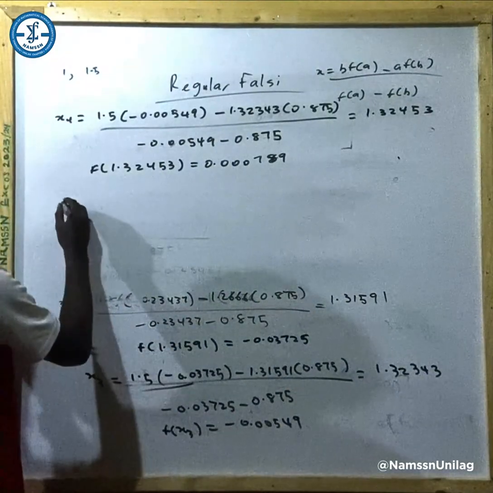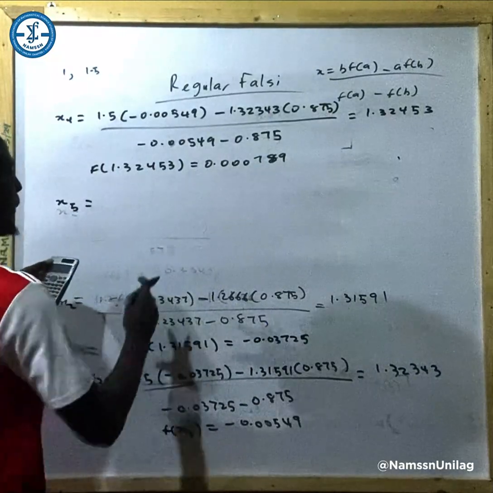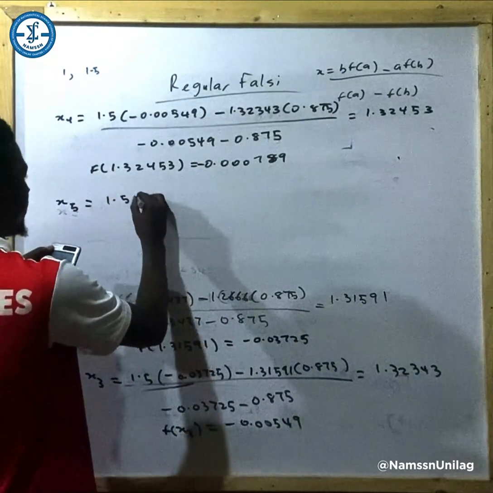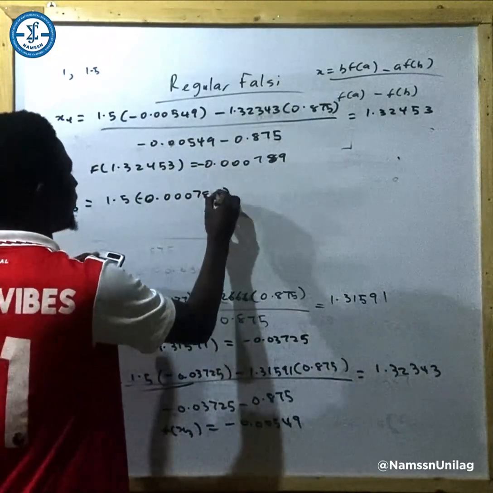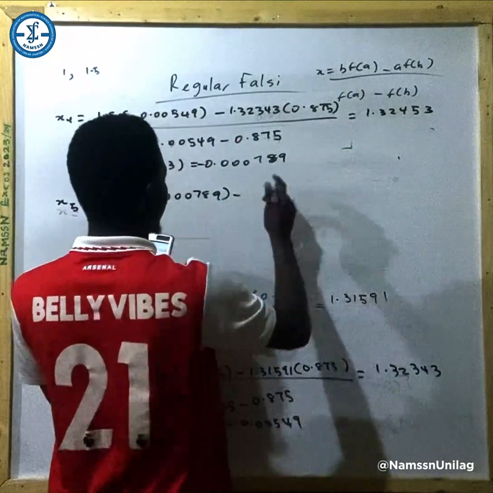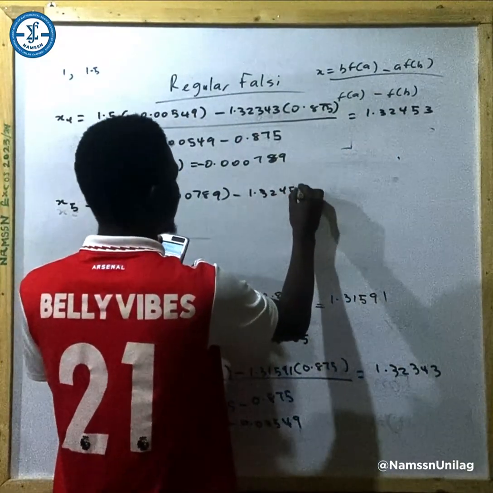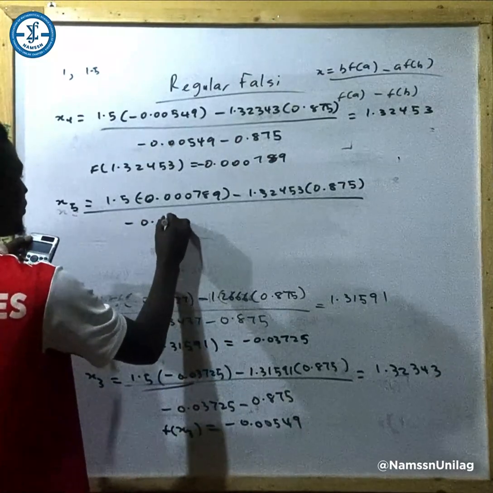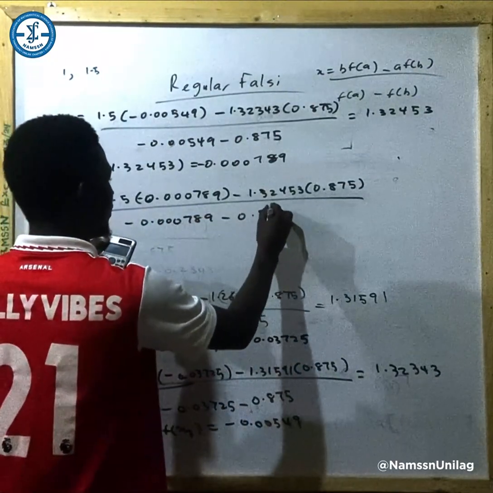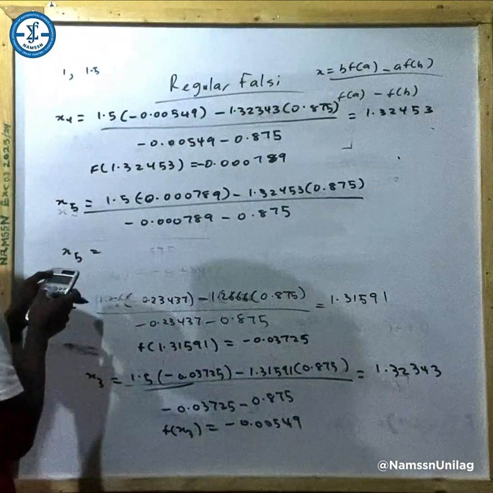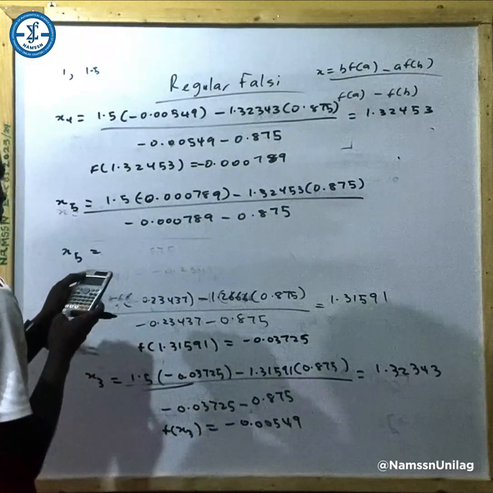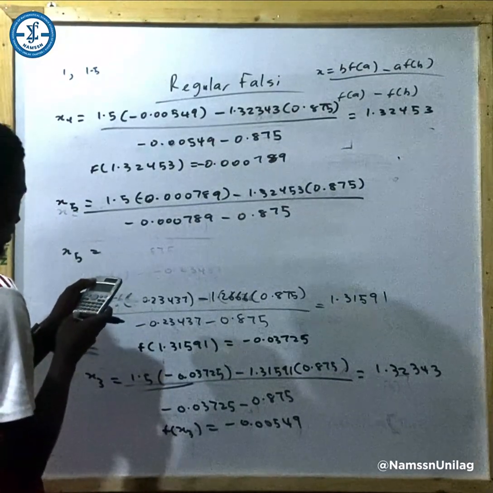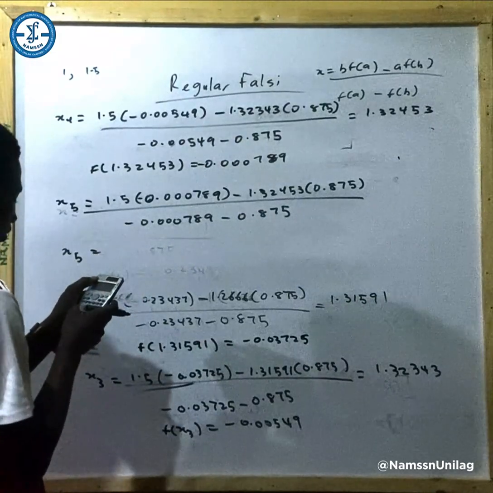So you have x5 equals, okay, this is negative, so you would replace again: 1.5 into brackets minus 0.000789 minus, so you're replacing this for this, 1.32453 into bracket 0.875 over minus 0.000789 minus 0.875.